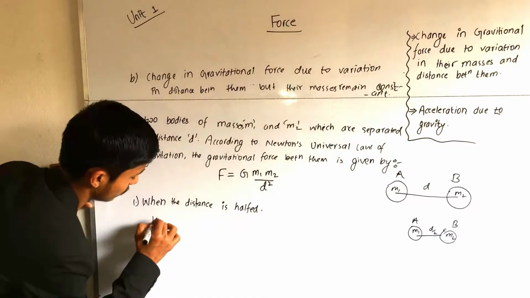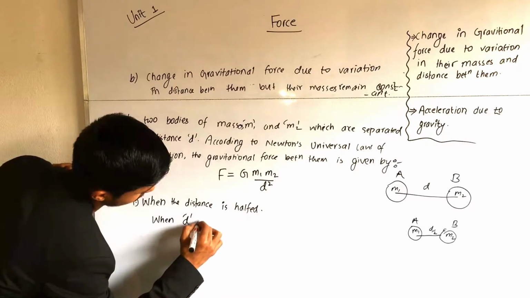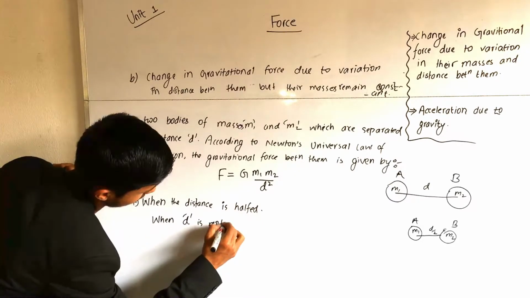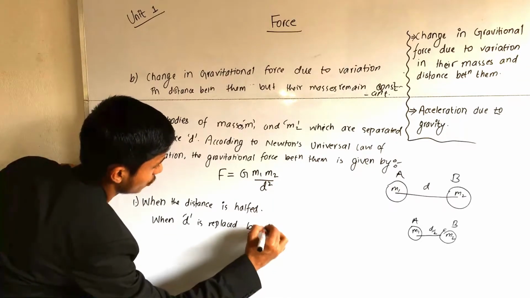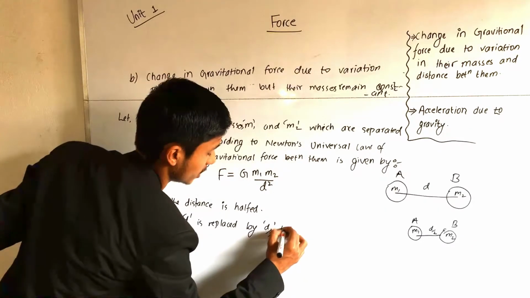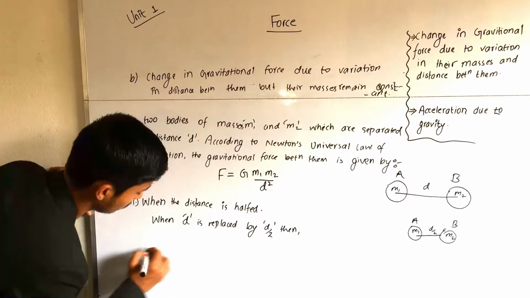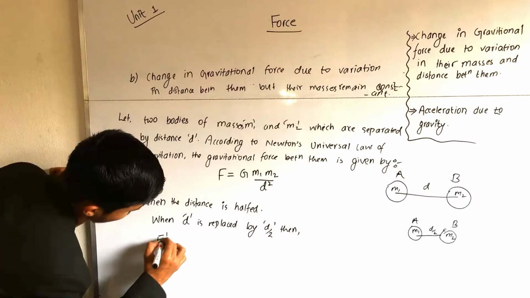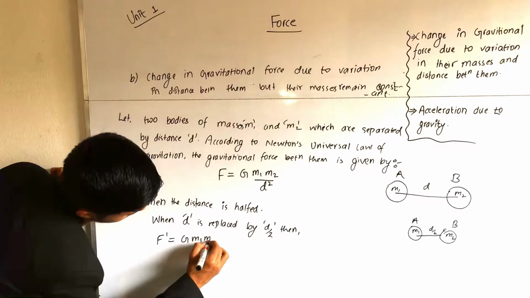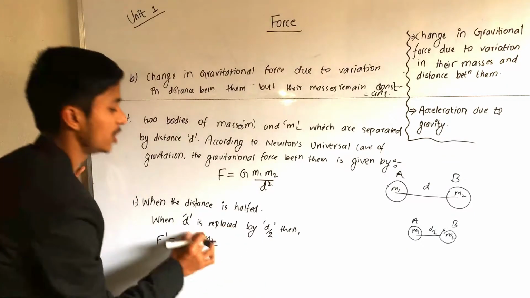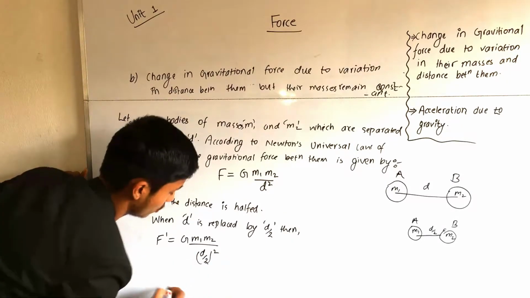So in this case, when distance d is replaced by d by 2, then we get F' is equal to G m1 m2 by, and instead of d we write here d by 2 whole square.